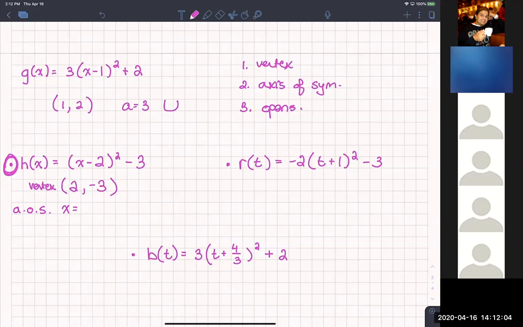What is the x coordinate of the vertex? Tell me where I'm losing you. How it opens? I could find the vertex and axis of symmetry all day, but how it opens is the hard part.